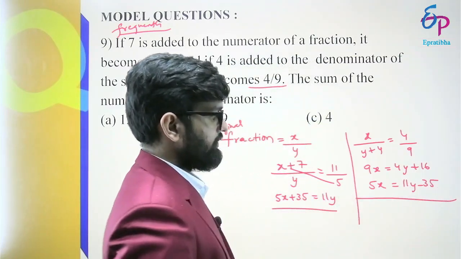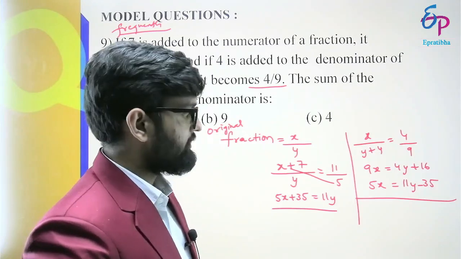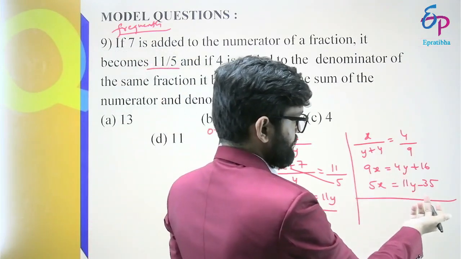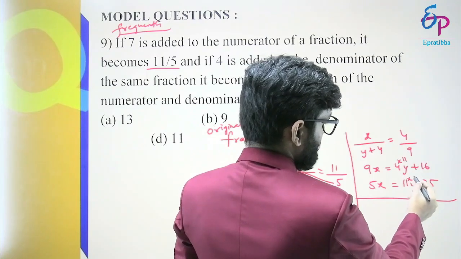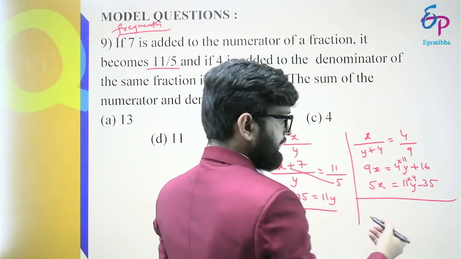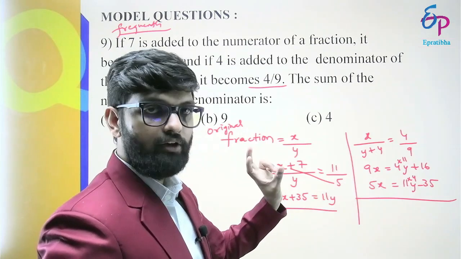Now how to solve this one? You can eliminate either y or x. To eliminate y, if you multiply this entire equation with 11 and this one with 4, then you can eliminate the y part and find the x part.